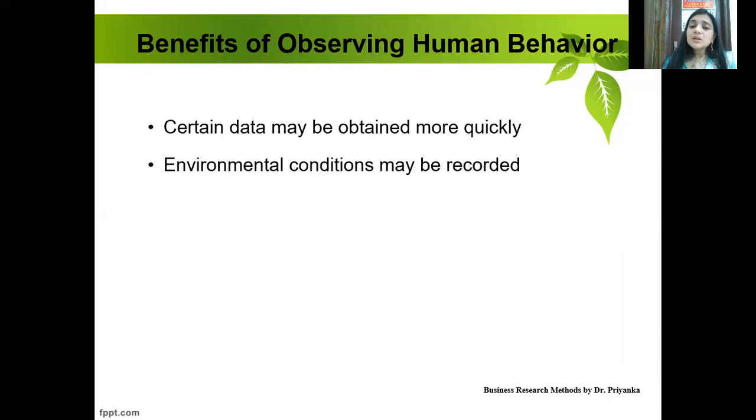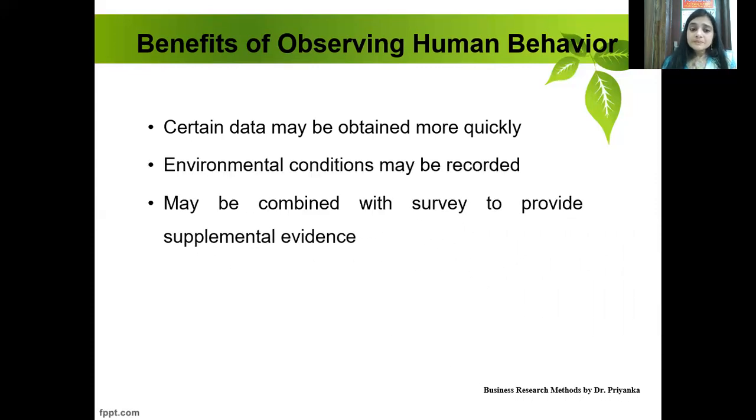Then environmental conditions may be recorded, and may be combined with a survey to provide supplementary evidence. Yes, sometimes it can also be done while doing the survey. Just don't ask the actual questions in reality, but you might ask them those questions after completing the survey.